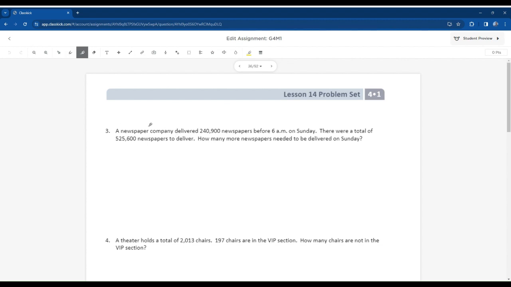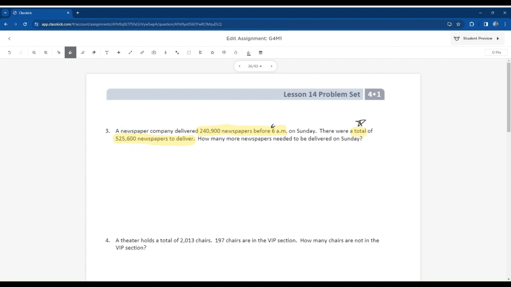So, again, a newspaper company delivered this many newspapers before 6 a.m. on Sunday. There was a total of 525,600 newspapers to deliver. And since we see this word total here, that tells us this is the amount of newspapers that needed to be delivered in all, in the entire day.